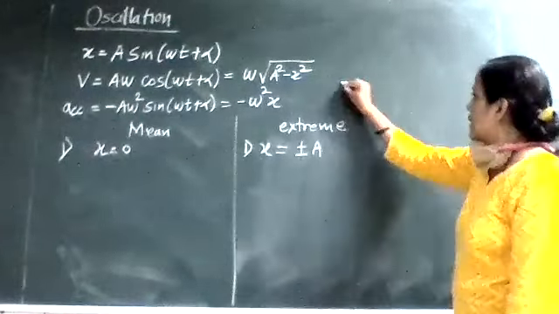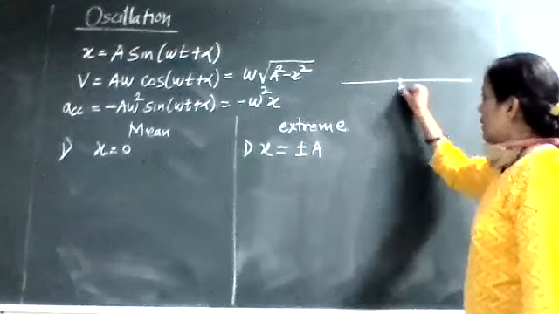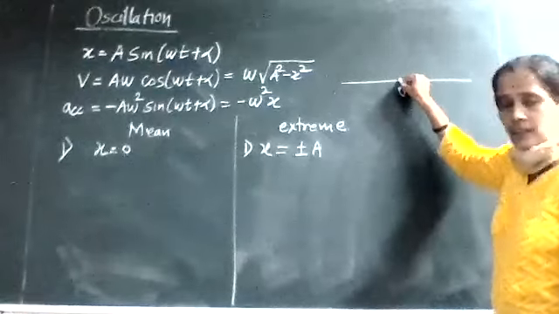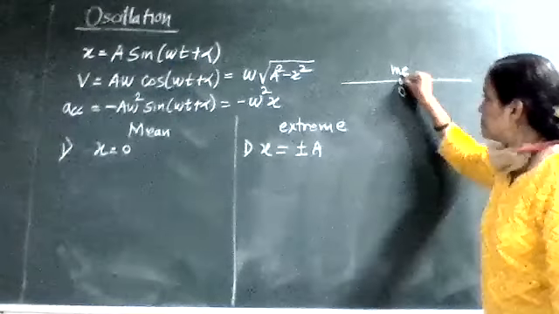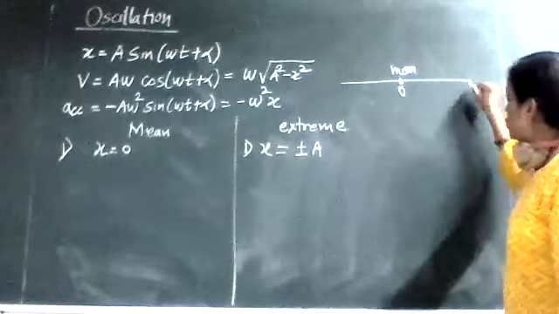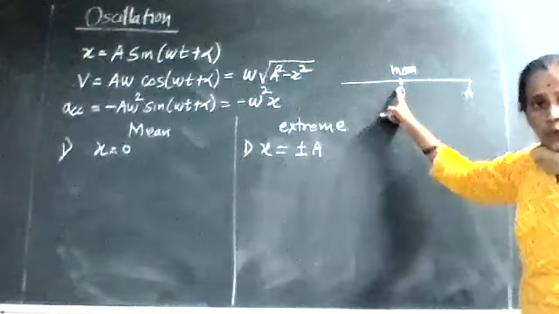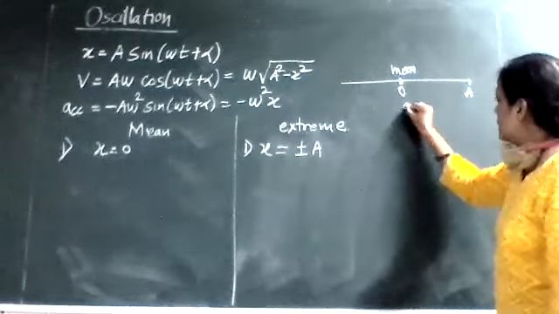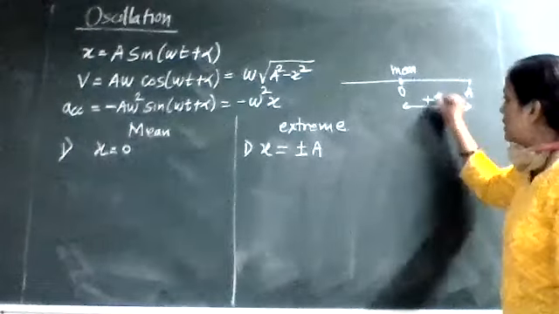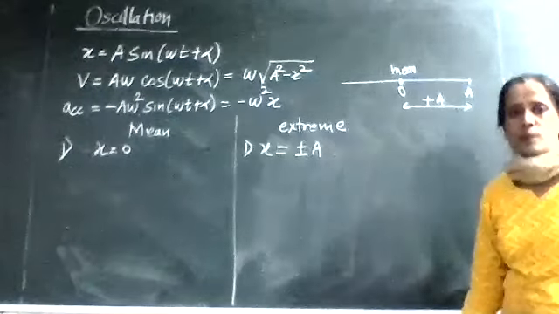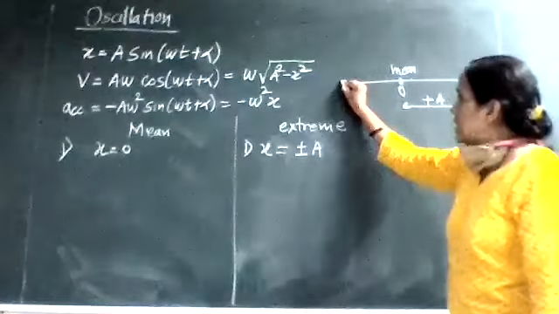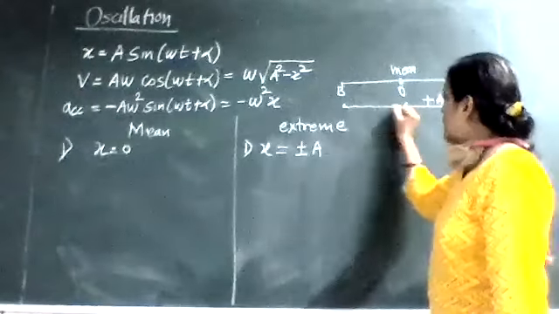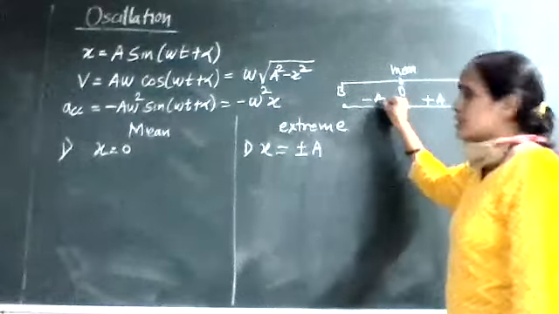How? See this diagram. Linear motion along a straight line. Particle is initially at mean position. When it moves to extreme position A towards the positive axis, its displacement is positive, that is positive amplitude. When particle is moving towards negative extremity, at that time its amplitude is minus.